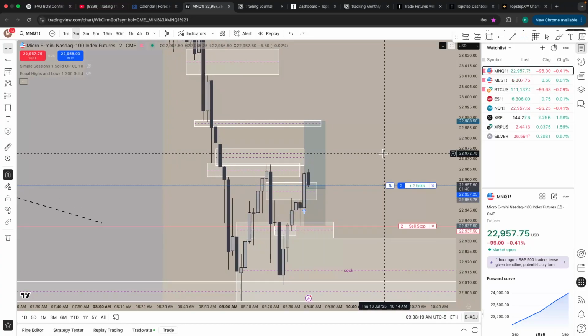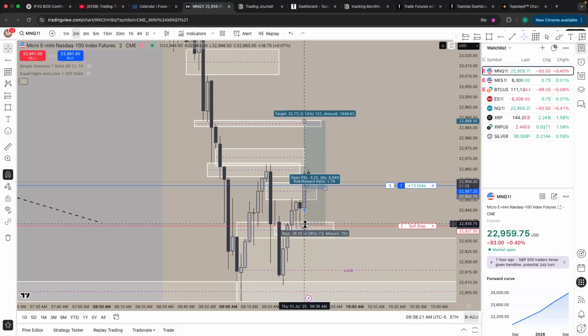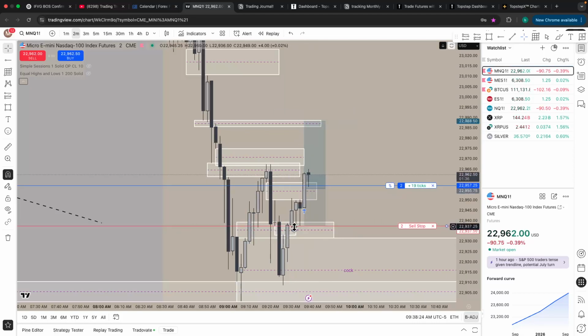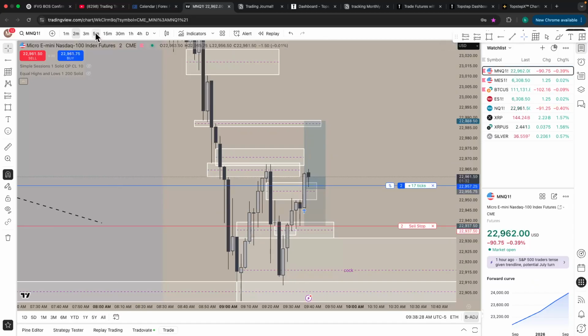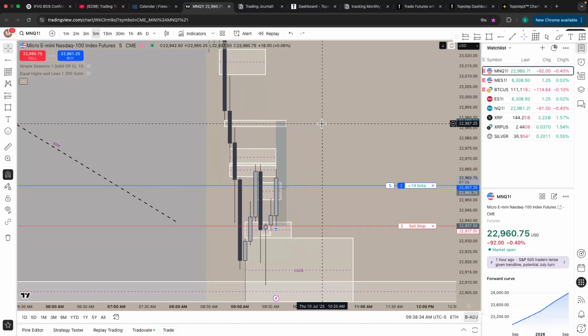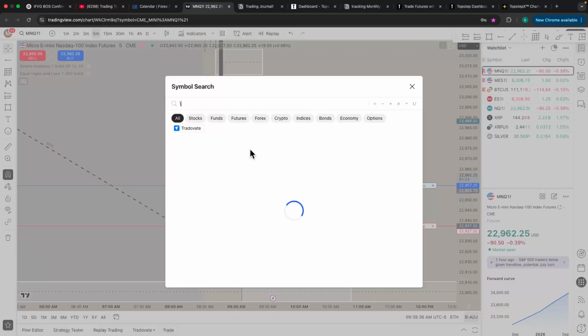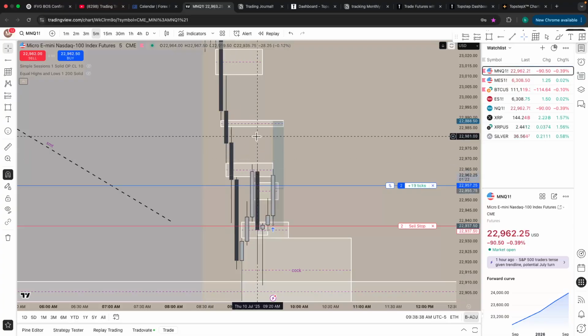Yeah, we can come back down, but if we come back down to this low, we are breaking bullish structure. We're confirming bearish structure. We're confirming that we're disrespecting bullish structure if we come back down to that low. But if we go to the 5 minute, then we can get rid of this gap right here on my low. We have this gap right here that we filled in before.